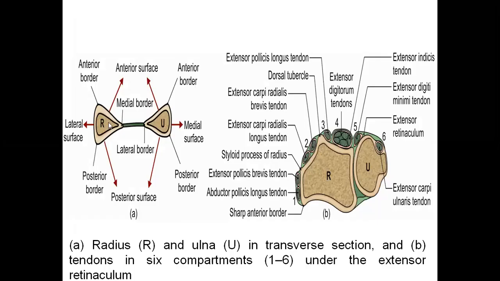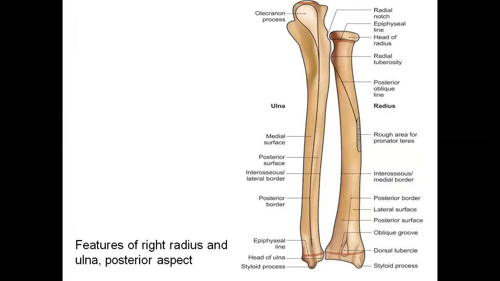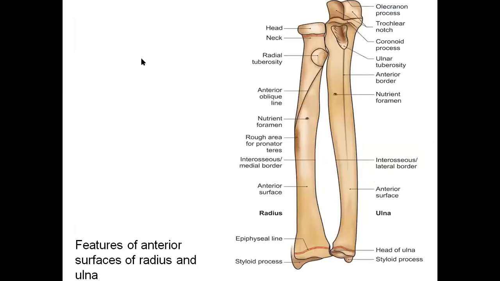I told you the radius is the lateral bone, the ulna is the medial bone, and in between them we have the interosseous membrane. Coming to the various borders and surfaces, let me tell you the borders first. The first border, in front, comes from the ulnar tuberosity lower down and then fades; you call it the anterior border.